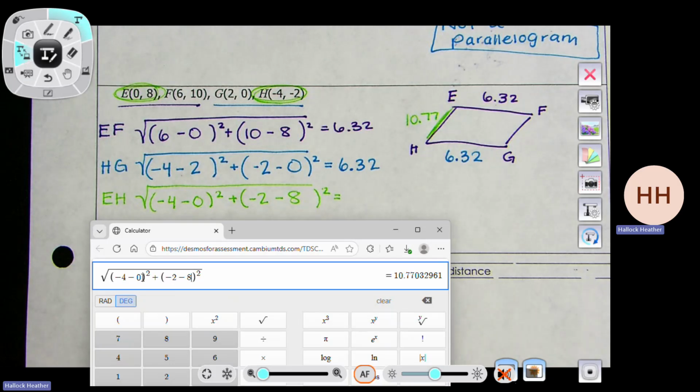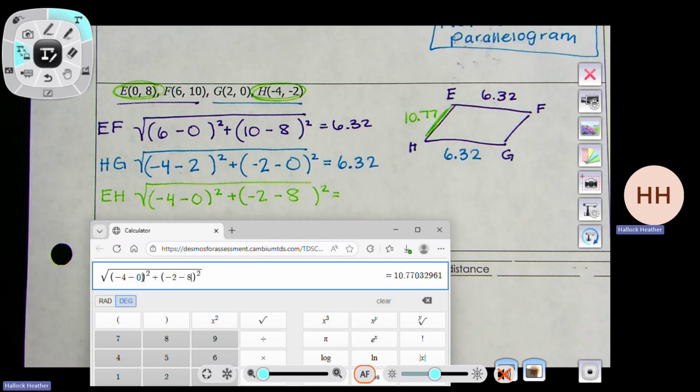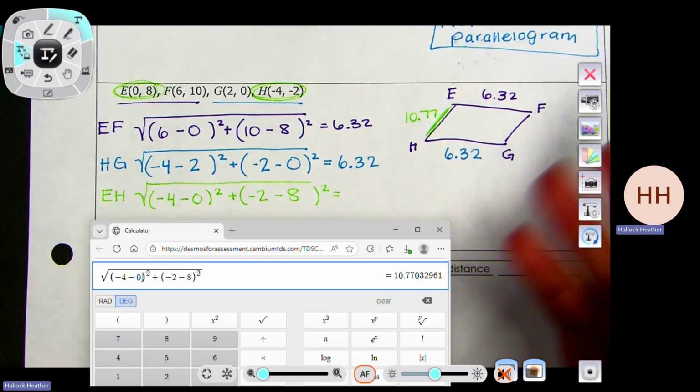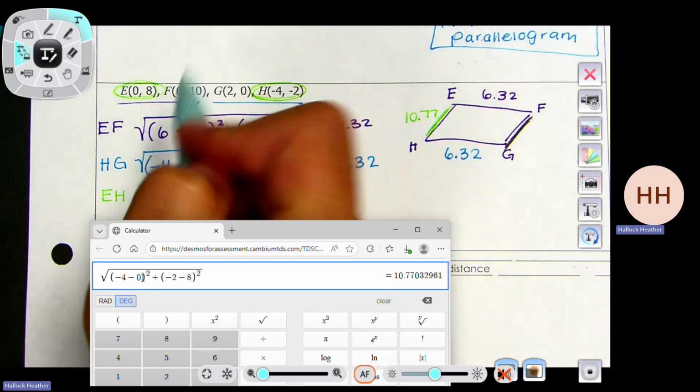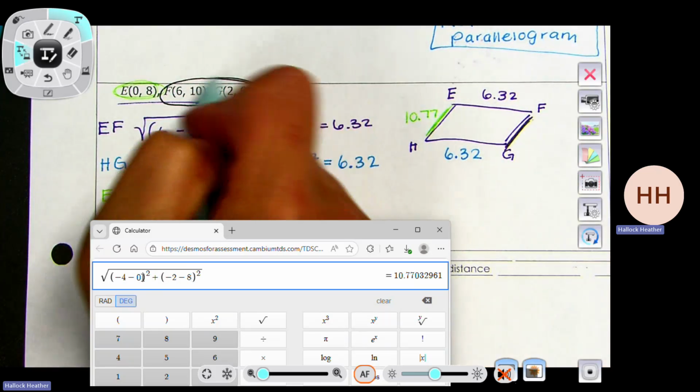So what two letters do I have to use for the last one? F to G or G to F. It doesn't matter which direction you go. So the last two I'm using is F to G. So I'm using the middle two.